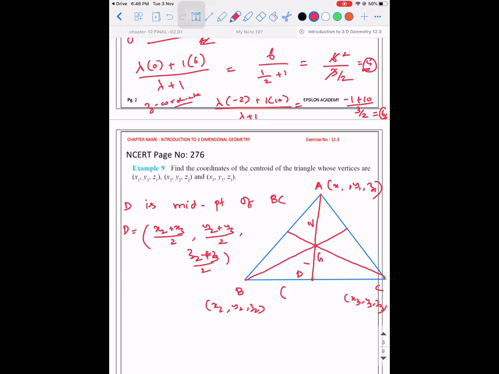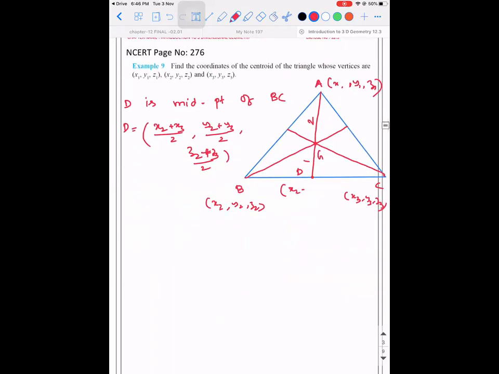I applied the midpoint formula. So you know the coordinates x2 plus x3 by 2, y2 plus y3 by 2, z2 plus z3 by 2. Between the points A and D, apply the section formula, and you will get the coordinates of point G.